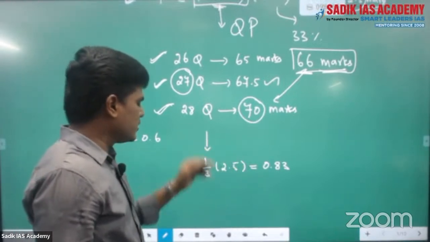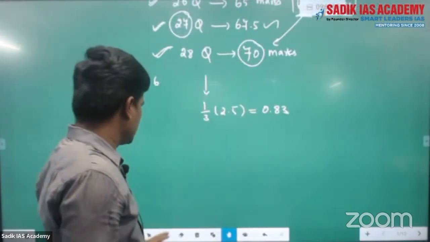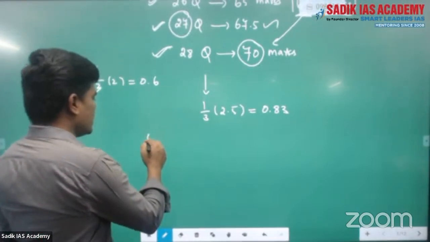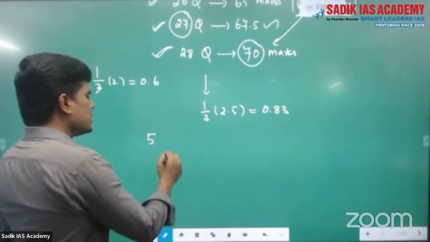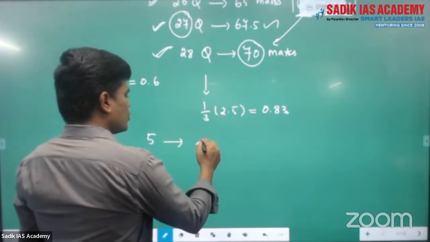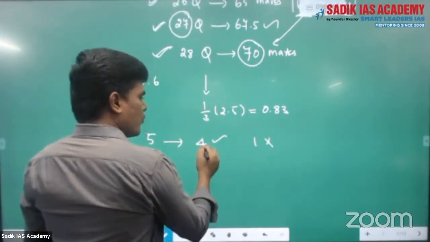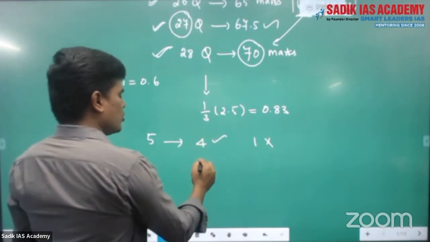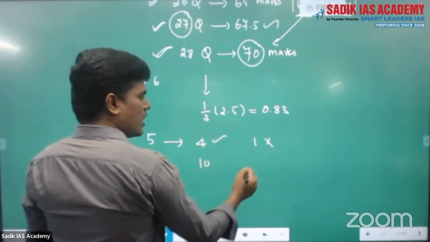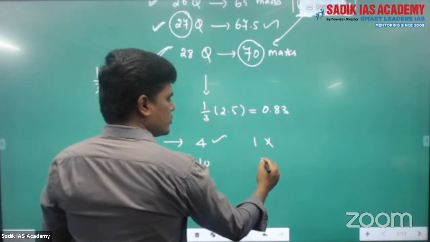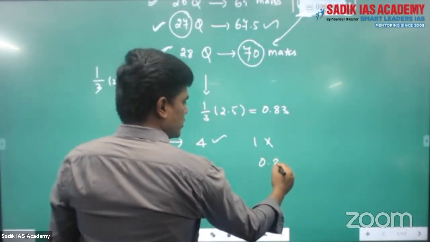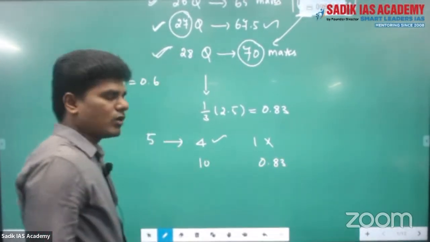To explain this in a better way, let us take this example. Suppose you are answering 5 questions. Of these 5 questions, 4 are correct and 1 is wrong. For the 4 correct questions, 4 into 2.5, you will be awarded 10 marks. For the 1 wrong question, they will deduct 0.83 marks.